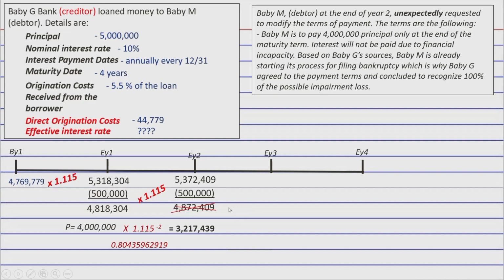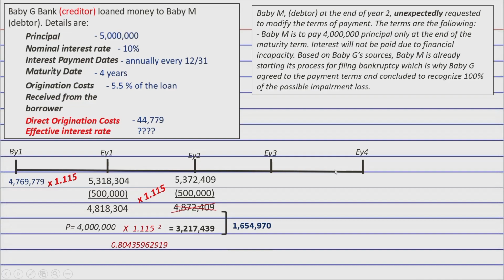So, moving forward, the difference of this old versus this new balance, which is 1,654,917, is the impairment loss amount that we are looking for. And actually, guys, this is not automatically the impairment loss because this loss still needs to be multiplied with a probability percentage in order to get the reasonable amount of loss that you might suffer as the creditor.